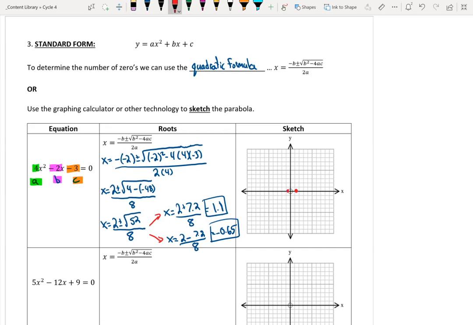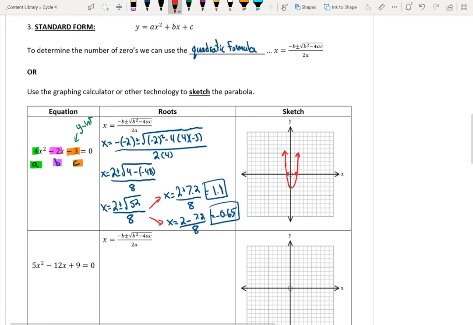We know our y-intercept comes from the last value in our standard form equation, so -3 is our y-intercept. We could figure out our vertex if we really wanted to, but we know it's going to look something like this. The main idea is that we have two zeros. That's the main idea.